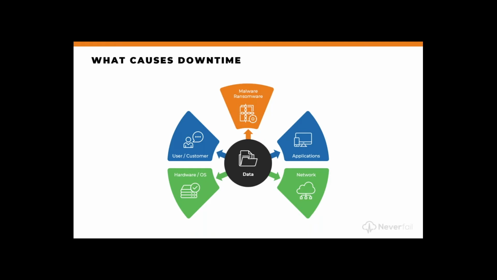But now what we've added in the last few years is a new area of risk, which is ransomware and malware, cybersecurity related requirements. This really started breaking out maybe in 2014 and 15, when we started seeing the first ransomware attacks. It might have come before that, but right now it's never been worse.